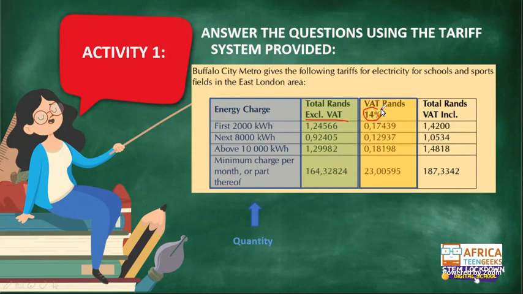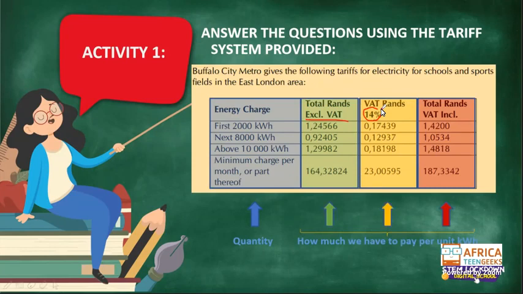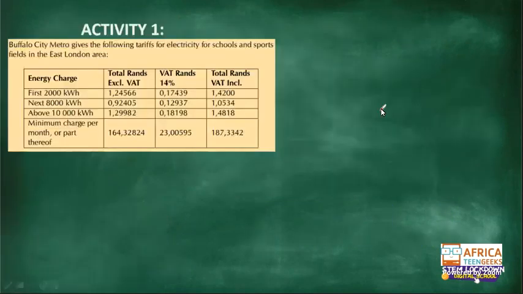Okay, and then the total including VAT. So here it just tells us how much we have to pay per unit, excluding VAT, VAT, and the total VAT inclusive. Okay, so let's use this column to answer some questions.